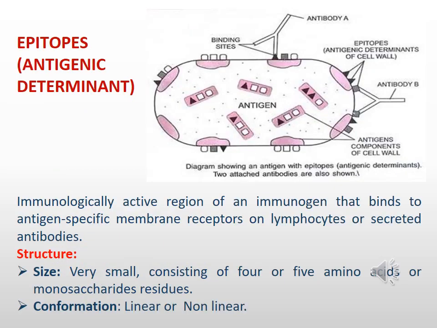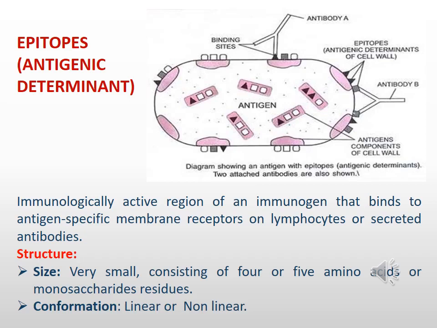Now the epitope. Epitopes or antigenic determinants are also a very important short note. So what are epitopes or antigenic determinants? These are immunologically active regions of an immunogen that bind to antigen-specific membrane receptors on lymphocytes or secreted antibodies.